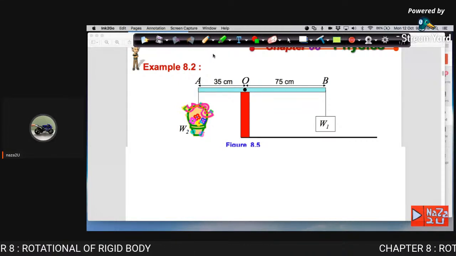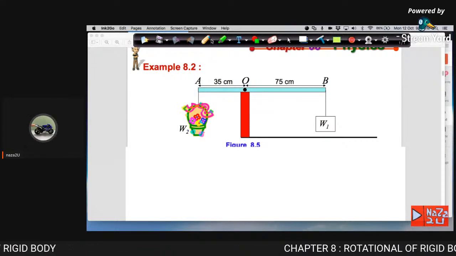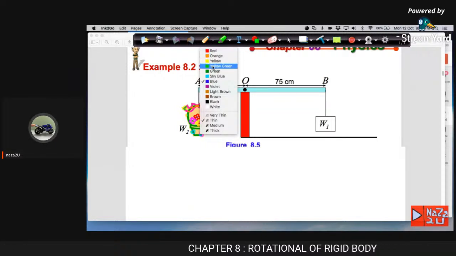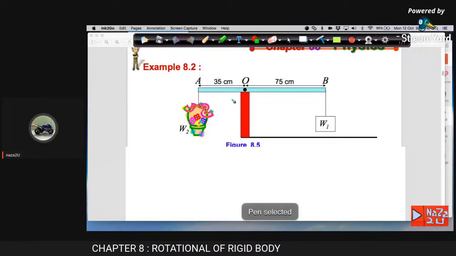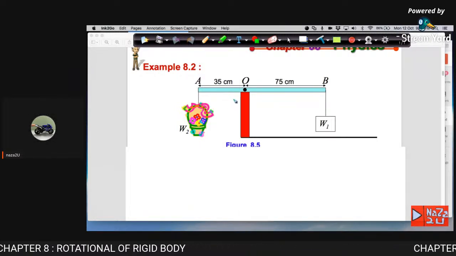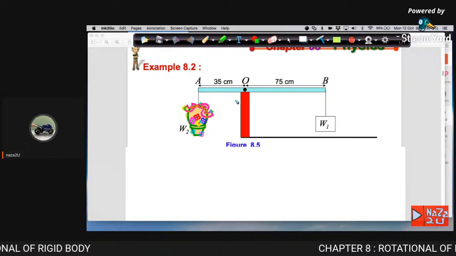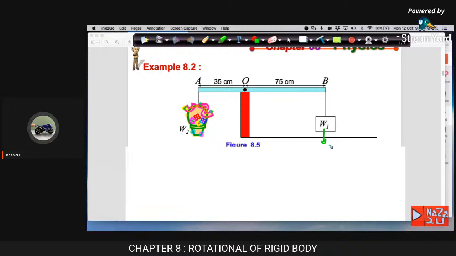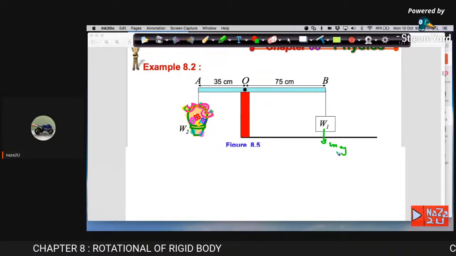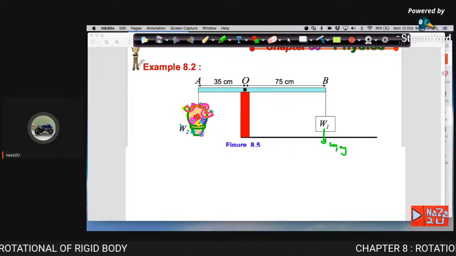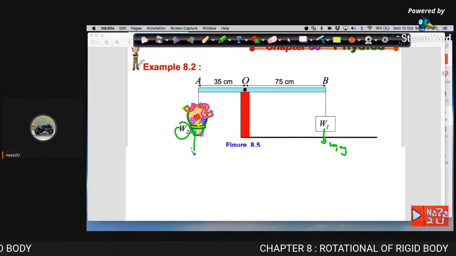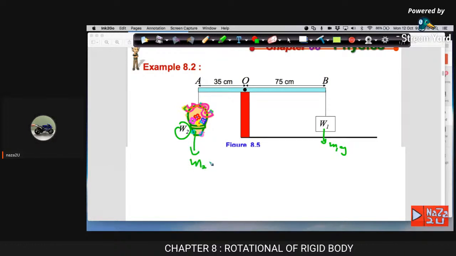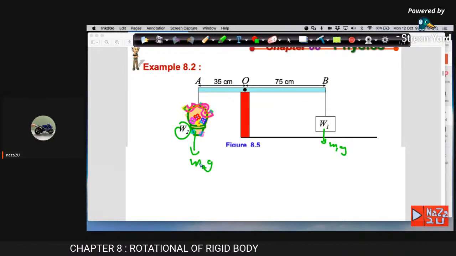So first kalau kita tengok kat sini, if you consider the force, okay, how many forces, ataupun kalau kamu nak lukis free body diagram, first you consider how many forces are on the system. So first we have a weight force. This is weight force W1 mg, and we have the weight force 2, also direction of weight force, m2g, direction downward.